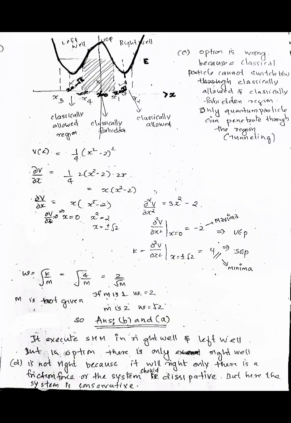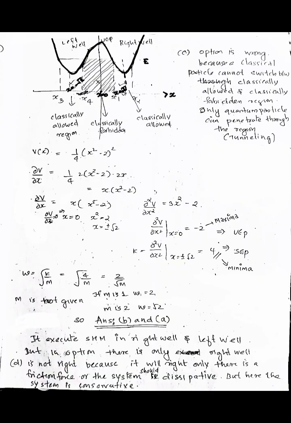X is equal to 0 is the UEP point. And here an energy E is marked, and the turning points are x1, x2, x3, x4. Here it is understood that from x3 to x4 it is the classically allowed region, and also from x1 to x2 it is a classically allowed region, but from x2 to x3 it is the classically forbidden region.